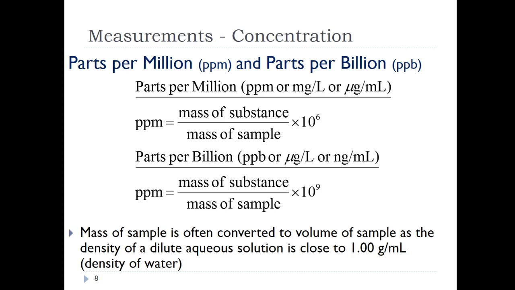The way that their definition is always shown looks very similar to percent composition from the last slide. You know, mass of the solute divided by mass of the total, but instead of times 100, it's times a million for parts per million and times a billion for parts per billion.